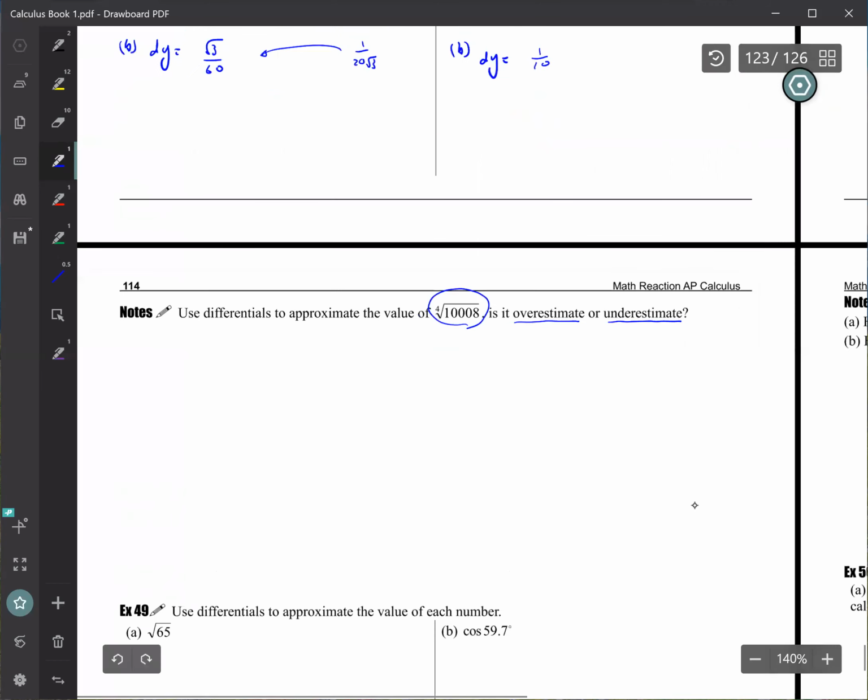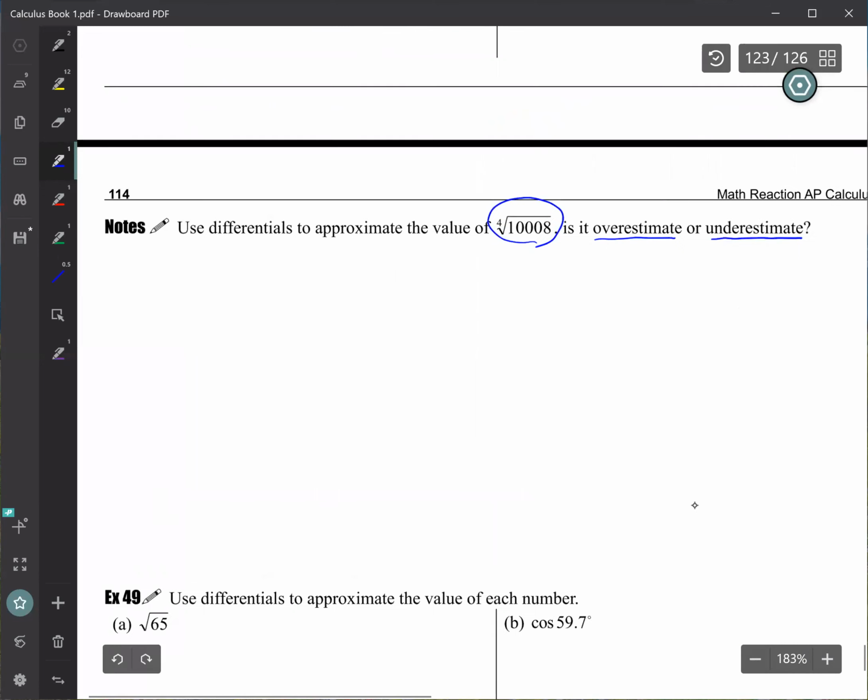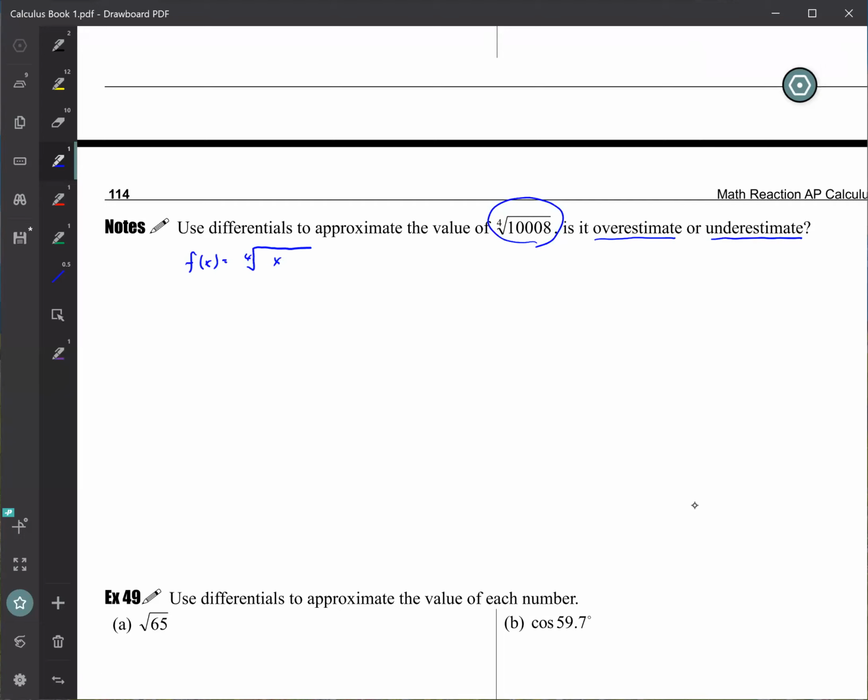This looks like we are subbing in 10,008 into the fourth root function, so our f of x should be the fourth root of x. Our goal is to estimate f of 10,008.